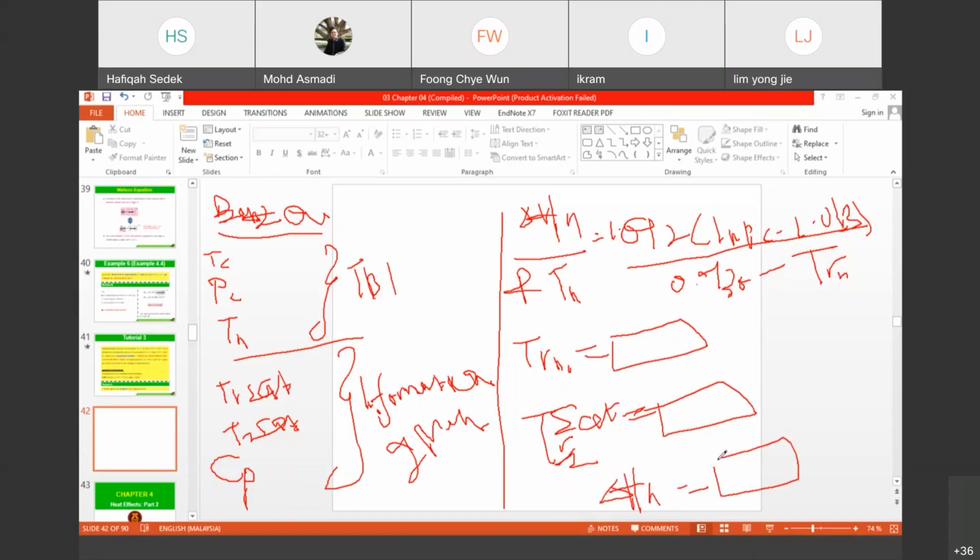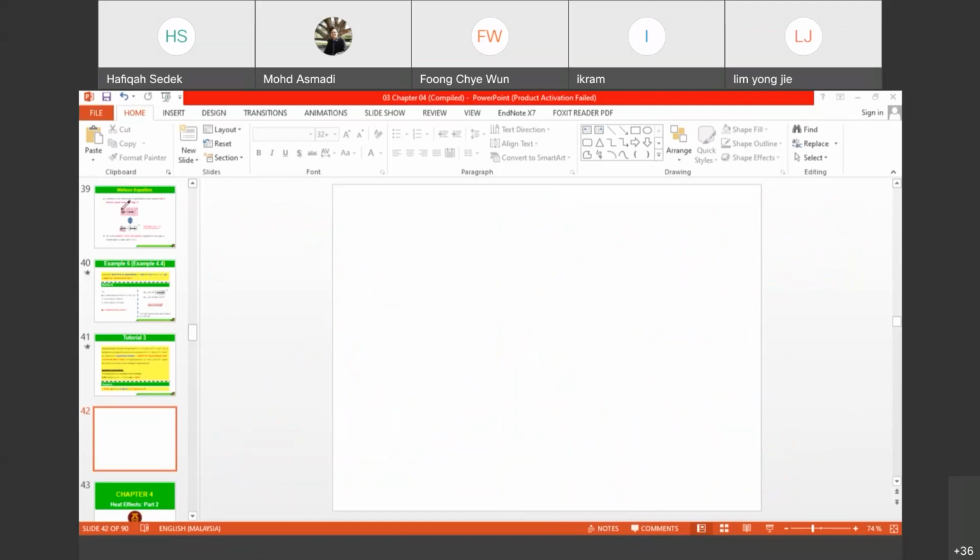So this is the Riedel equation. From this Riedel equation, we can get delta H2 by using the Watson correlation, using the information that we get from the Riedel.